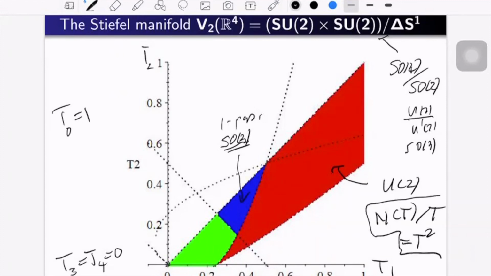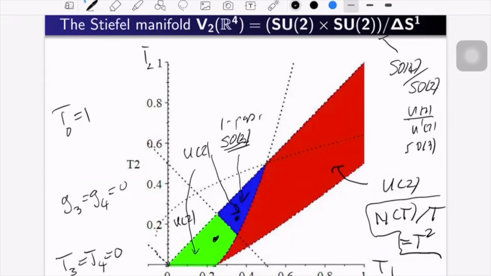The fixed point set of this action on the space of metrics are the diagonal metrics. And in this region right here, I also get a global max from the diagonal metrics, from one of the U2s. In the space of diagonal metrics, where I set G3 and G4 to 0, here I get a global max, and here I get a global max from these U2 subgroups.